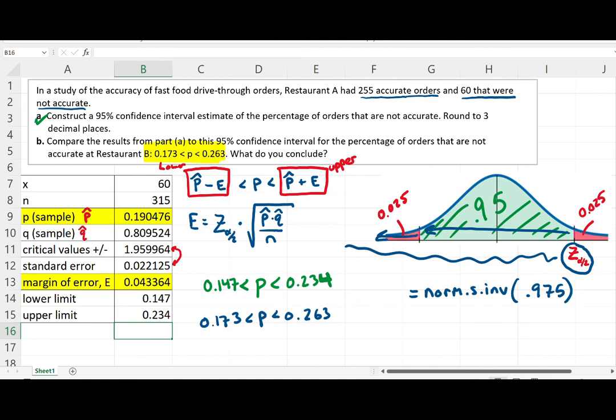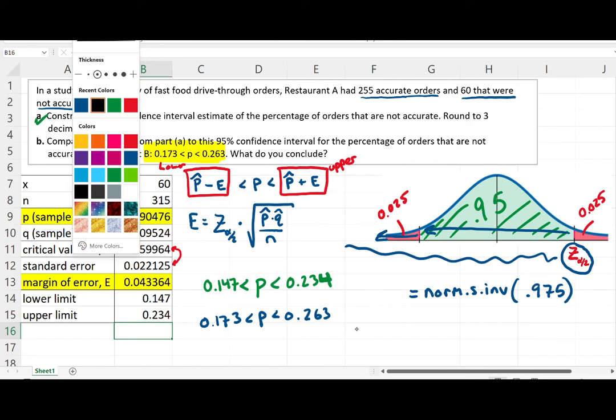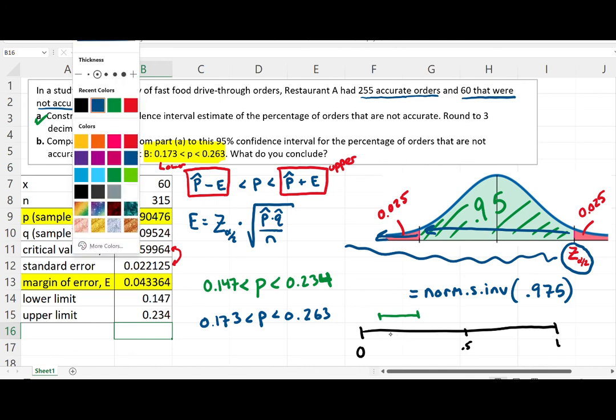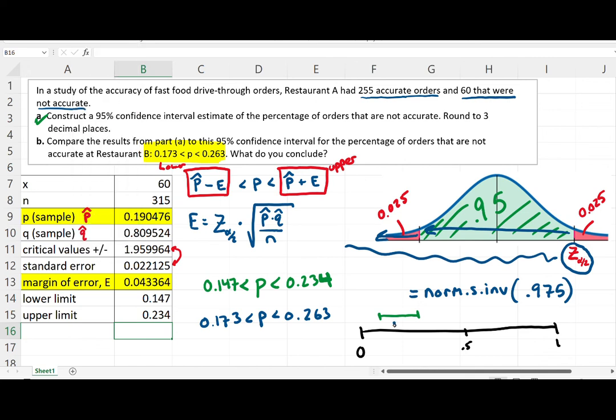All right, so let's say we look at the number line. So here's 0, and here's 1. So here would be maybe 0.5. Well, restaurant A in green is from, let's say, 0.147 to 0.234. And restaurant B, which I have in blue, goes from 0.173 to 0.263.